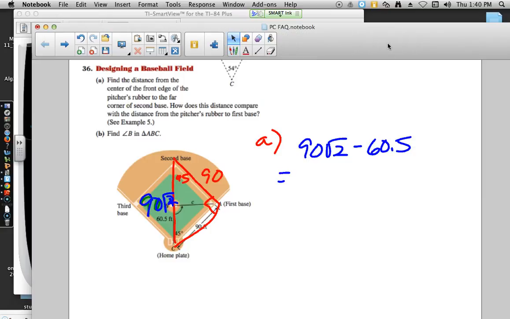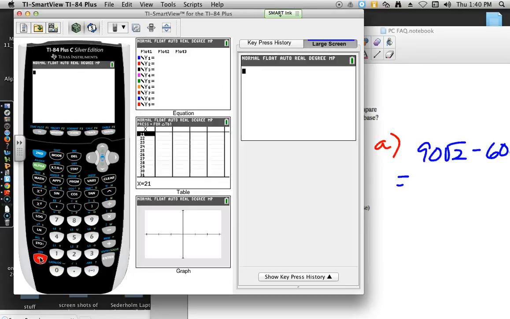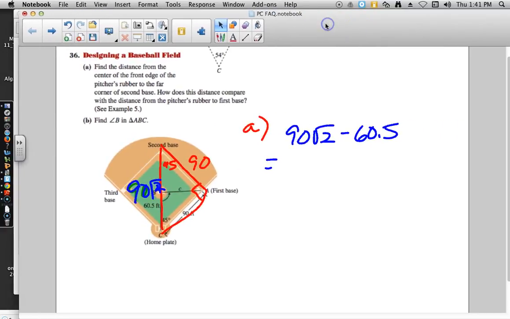So let me go ahead and get that up here, 90 square roots of 2, and we want to subtract. And we have about 66.779.